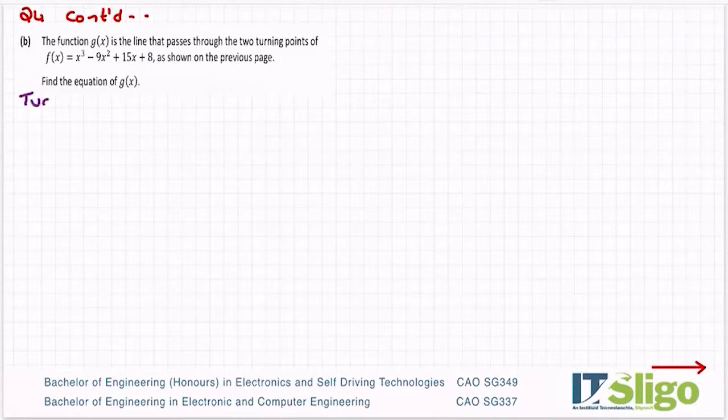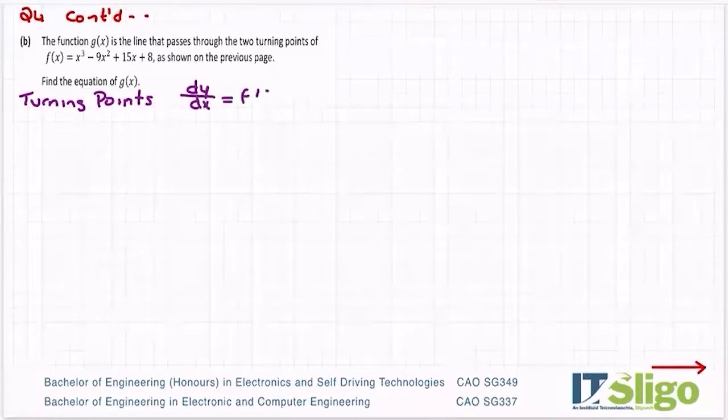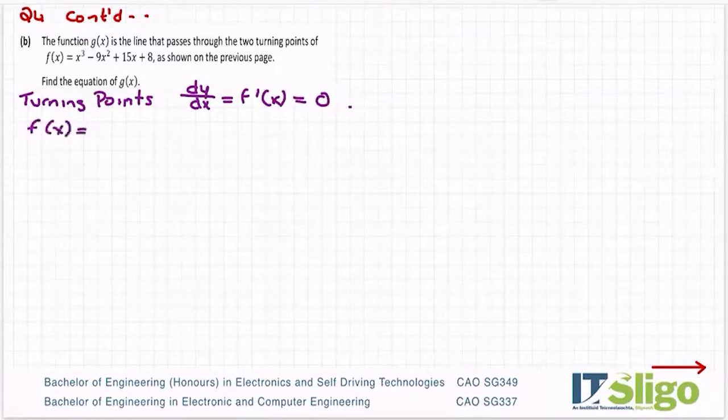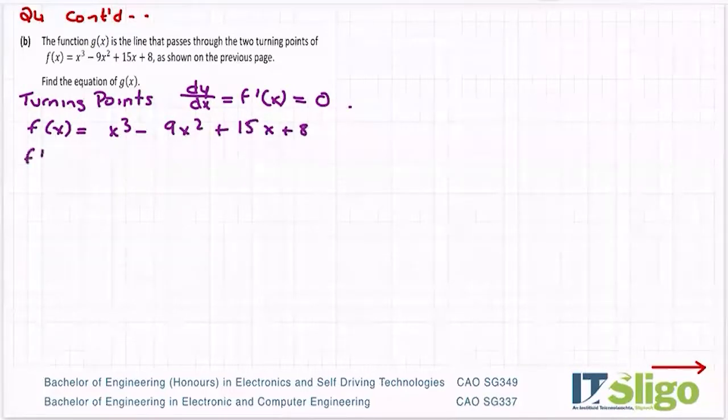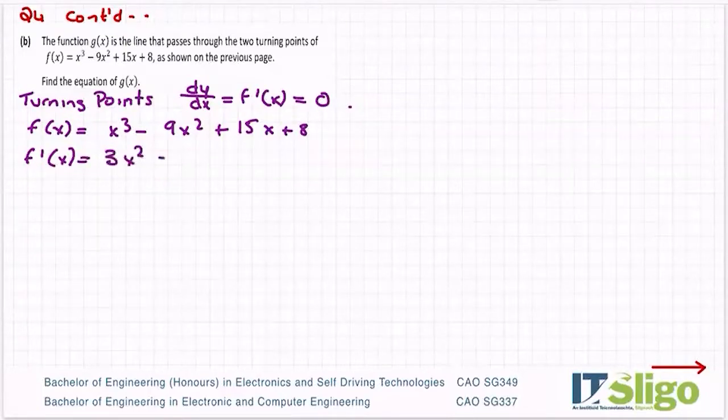So turning points are always found when dy dx, which is f dash of x, it's the same thing, is equal to 0. Okay, so if our f of x is equal to x cubed minus 9x squared plus 15x plus 8, our f dash of x is equal to 3x squared minus 18x plus 15.